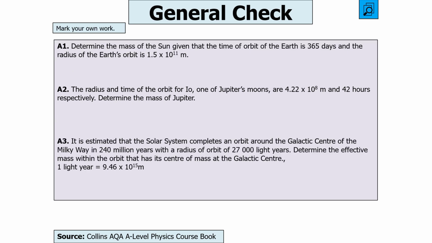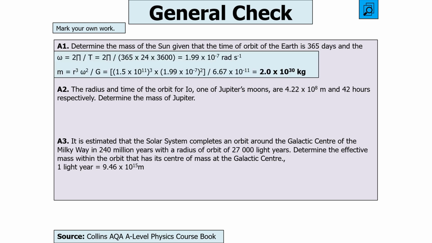Right, so for this first one, we've got to use the concepts you've covered in circular motion, because the orbit will be considered to be carrying out a circular path. So we can say that the angular velocity is equal to 2 pi over t. So it's the angular change in one complete revolution, 2 pi radians, divided by the time taken for one complete revolution. That time must be given in seconds. You're going to have to convert the value of 1 year into seconds, because that is how long it takes for the Earth to orbit the Sun once.